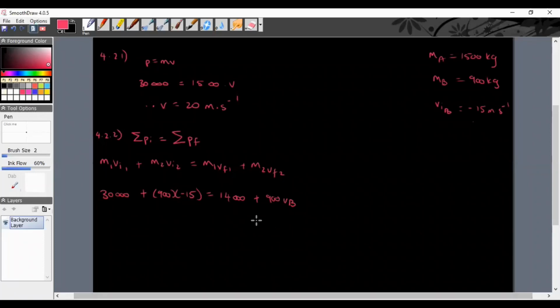So have a look here. They are looking for the velocity of car B after the collision, so vf of B. We don't know that. We do know its initial velocity.